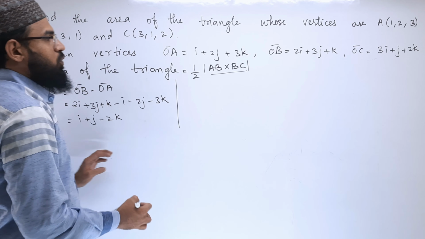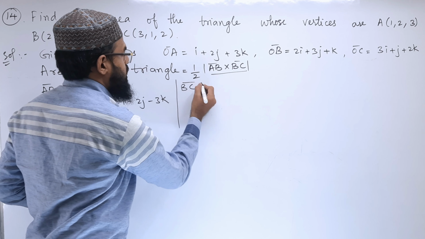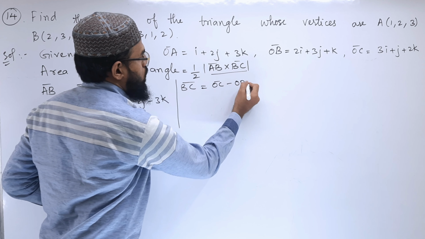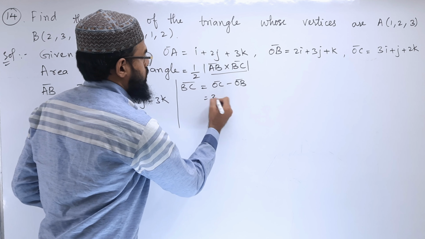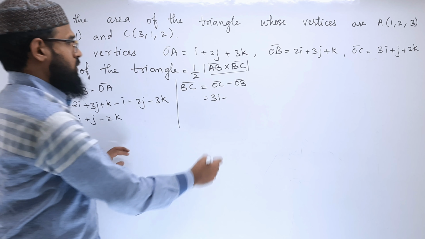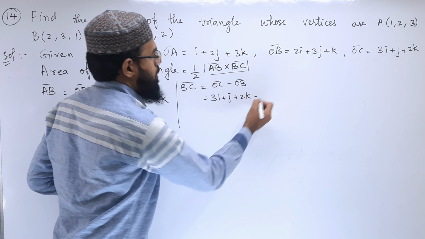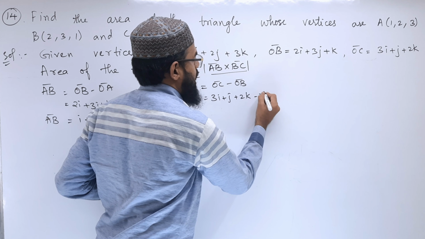Next, we need to find out BC. So BC is equal to OC minus OB. So OC is 3i plus j plus 2k minus OB. Minus into plus is minus 2i.